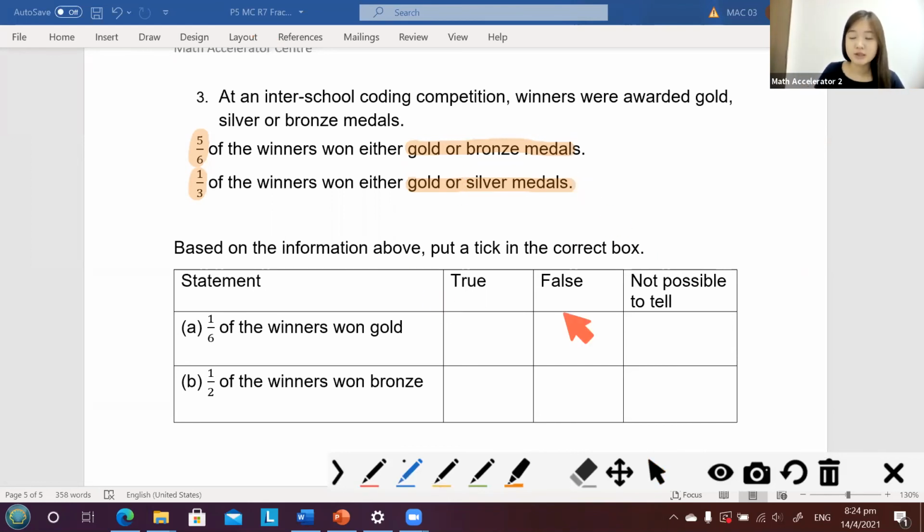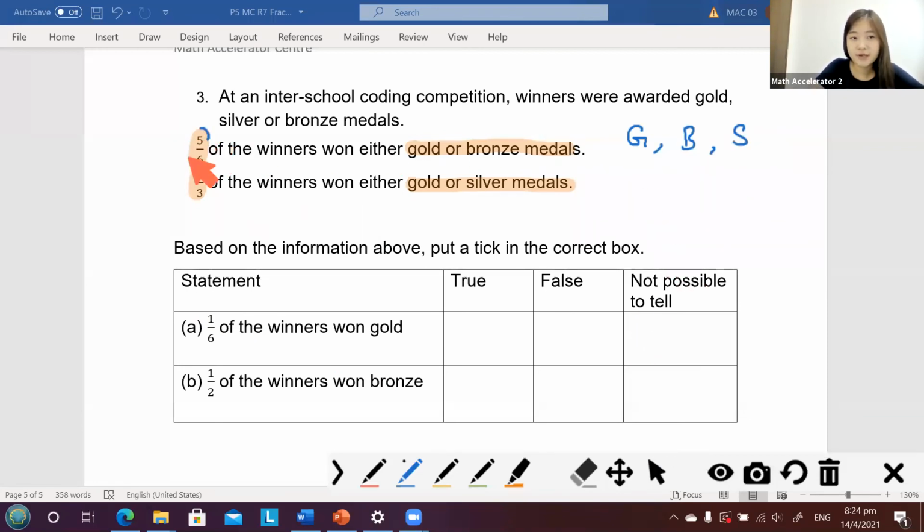A similar type of question came out in 2018 PSLE. 1/6 of the winners won gold. So let's check for the fraction of winners who won gold. Let's first use the clue over here. You have 3 types of medals: gold, bronze, and silver.